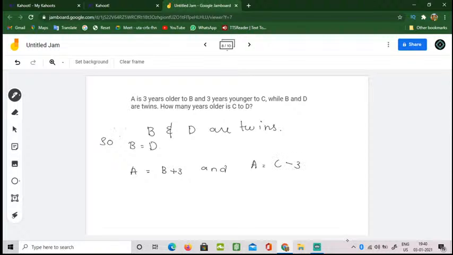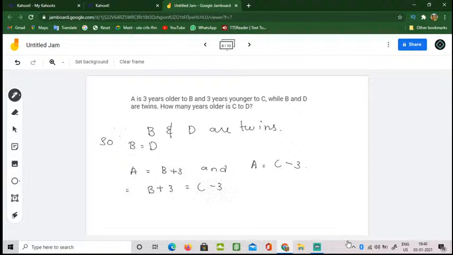A is common in both, so we can equate them. B plus 3 equals C minus 3.